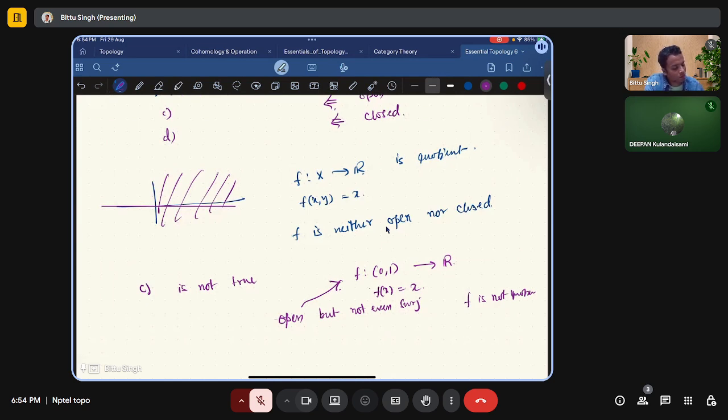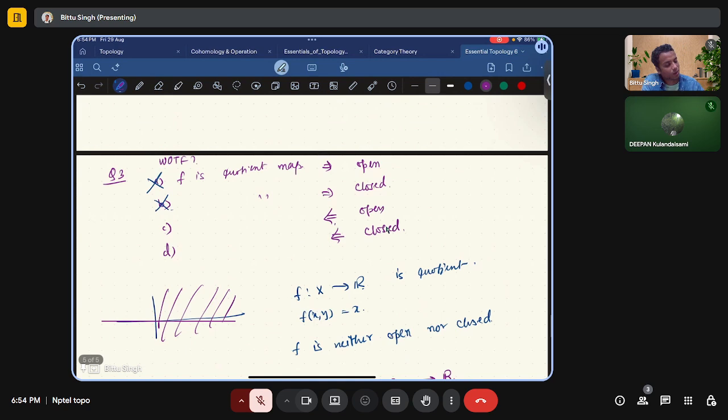We can use a similar example, F from the closed interval [0, 1] to R, with F of x equal to x. D is also not true. So none of the above.